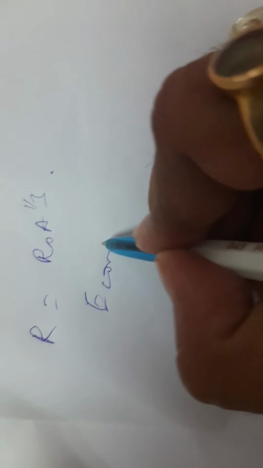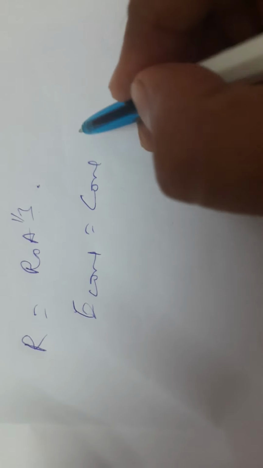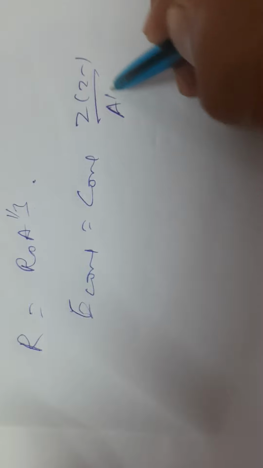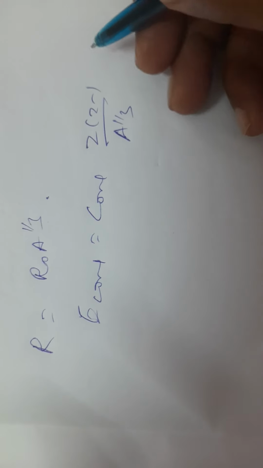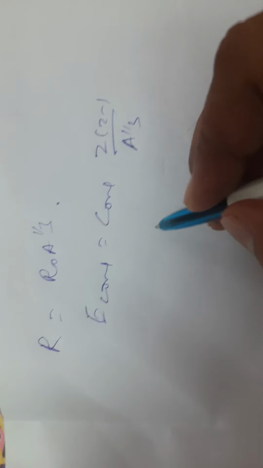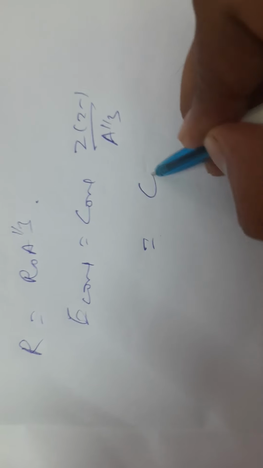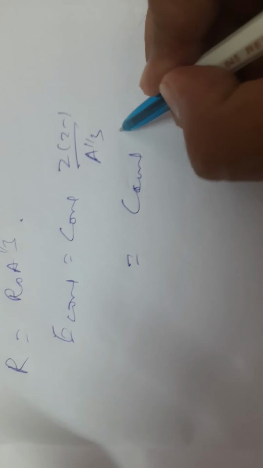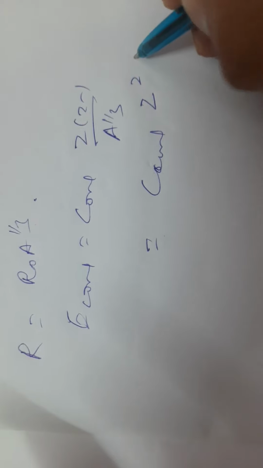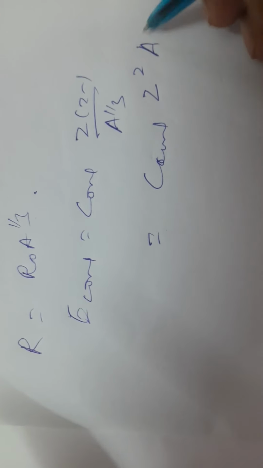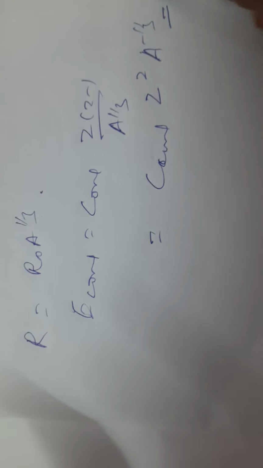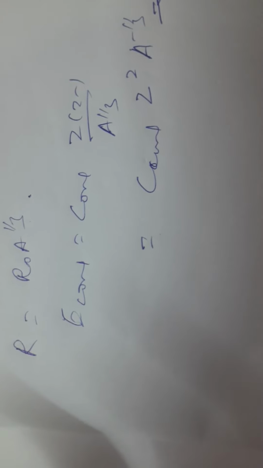So this term may be expressed as E_Coulomb = C_Coulomb Z(Z − 1) / A^(1/3). So for a very large Z, we can write C_Coulomb Z² A^(−1/3). This is for large Z.